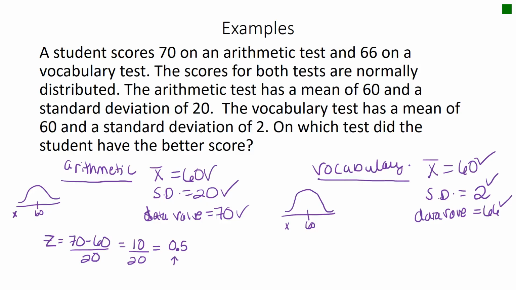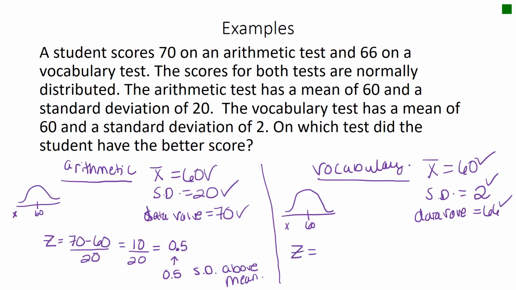So this student scored half a standard deviation above the mean. You might say, oh, 10 points, that's greater than 6 points, but you have to take into consideration the standard deviation.